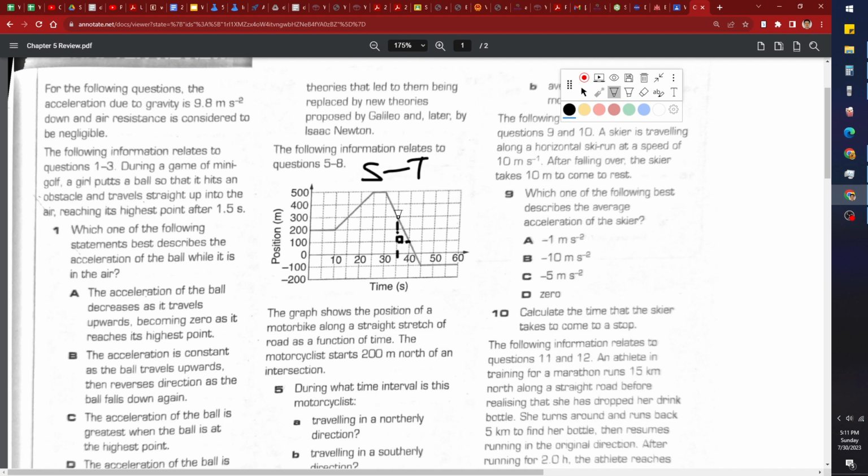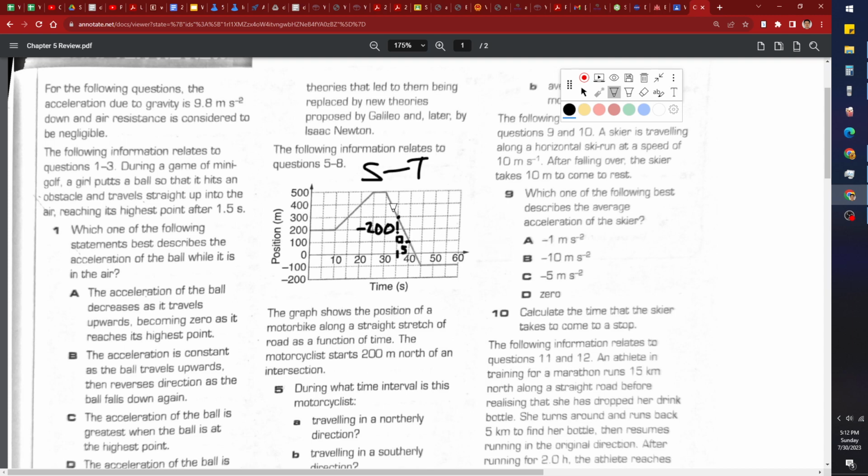And so that first one was from 300 and going downwards vertically, it's to 100. So that's a loss of minus 200 meters. And it took how many seconds to do that? Well, this first one starts at 35 seconds and the second one starts at 40 seconds. So that means it's 5 seconds.